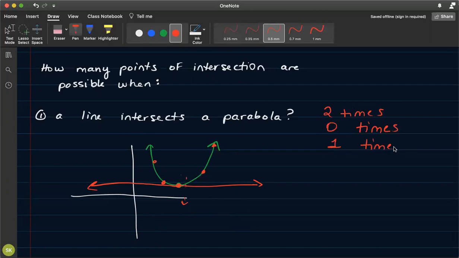So it's possible for a parabola and a line to intersect 1 time. These are all the possibilities. A line and a parabola can intersect 0, 1, or 2 times. There's no way for the two to intersect more than 2 times.